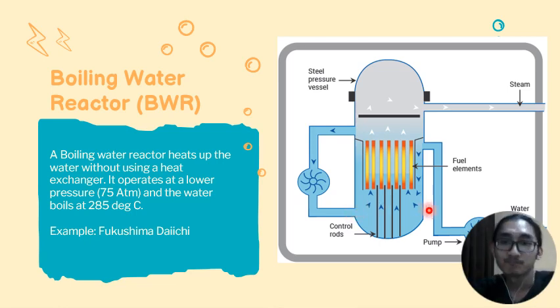This allows it to operate at a lower pressure of 75 atmospheres, and the water boils at 285 degrees Celsius, which becomes steam that goes to the turbine to generate electricity. An example of a power plant that uses this type of reactor is the Fukushima Daiichi reactor in Japan.